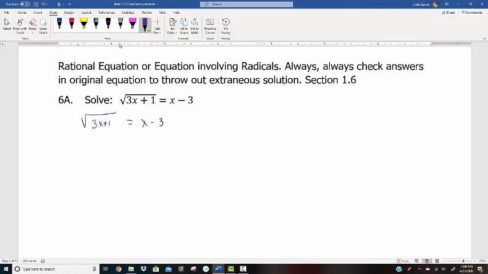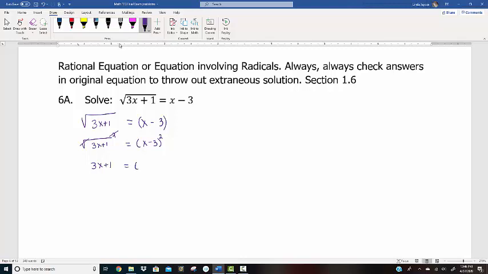But if you square this side, you have to square this side. Now that means you're going to square this side as a whole. So then you're having 3x plus 1 and the whole thing squared equal to x minus 3 and the whole thing squared. This will cancel out your square root and you'll be left with 3x plus 1.